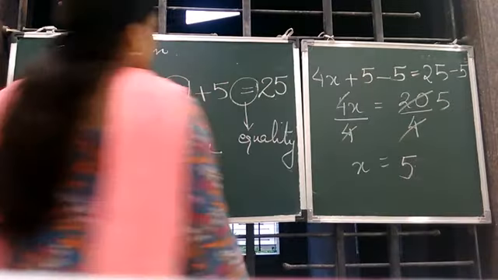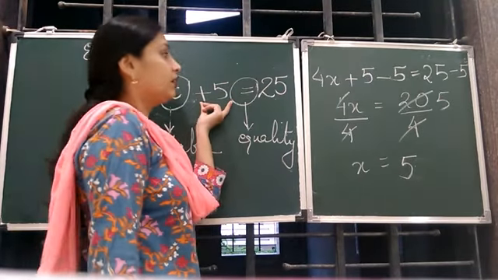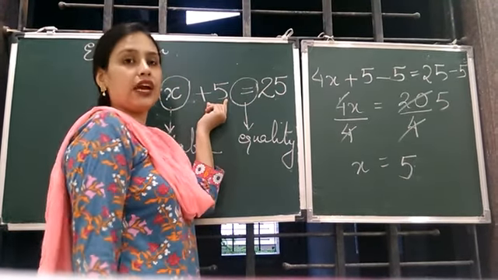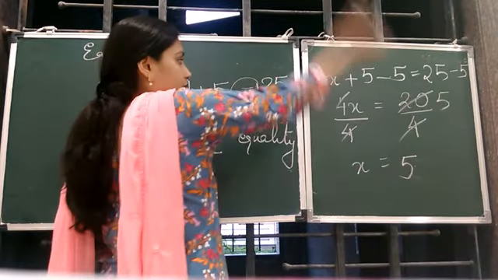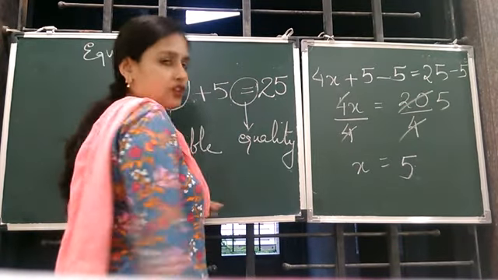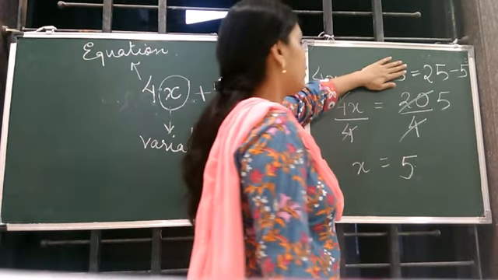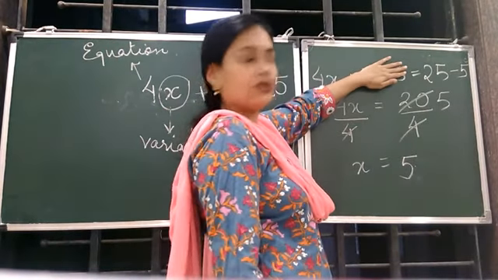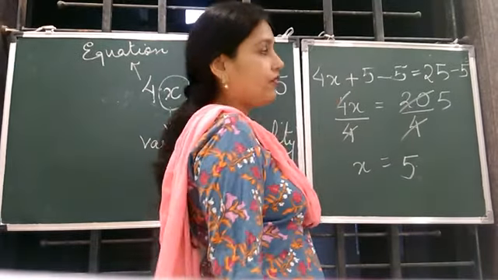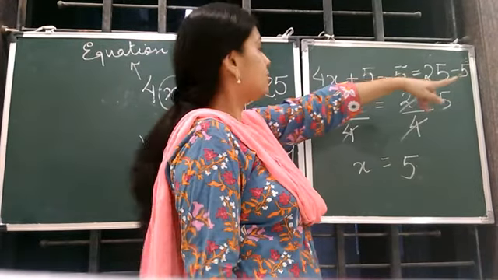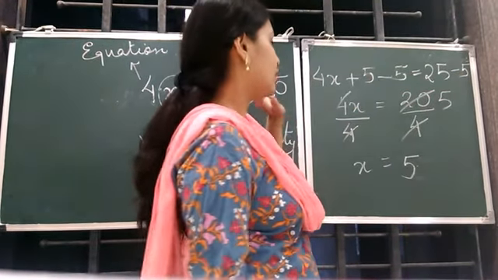Okay, where we shift the number. Like here we can also say this 5 from the left hand side will shift to the right hand side, so its sign will change. From positive, it will become negative. So you can see, if we don't see this part, 4x is equal to 25 minus 5. Exactly what has happened, this 5 has shifted to the right hand side, and its sign has changed.